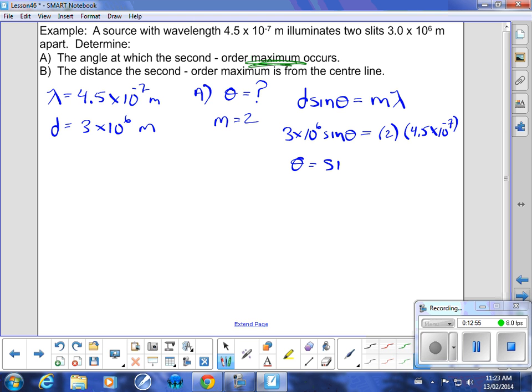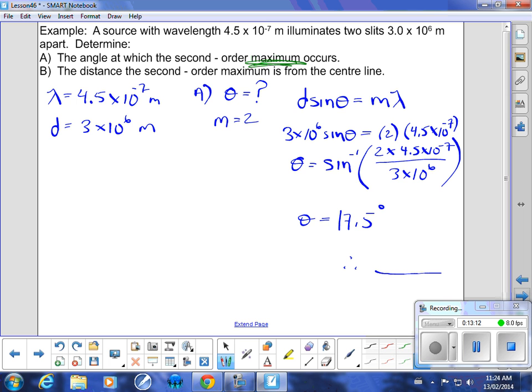So theta equals sine inverse of our information, and we find that theta is equal to 17.5 degrees. So second order maxima occurs when our angle is at 17.5 degrees.